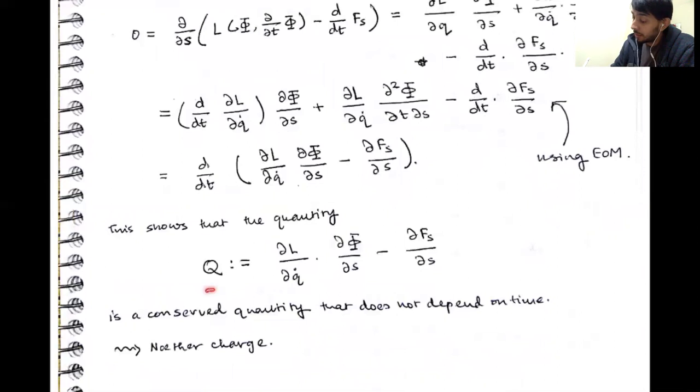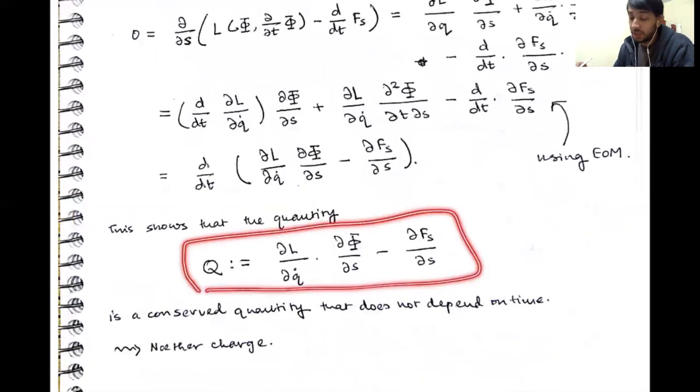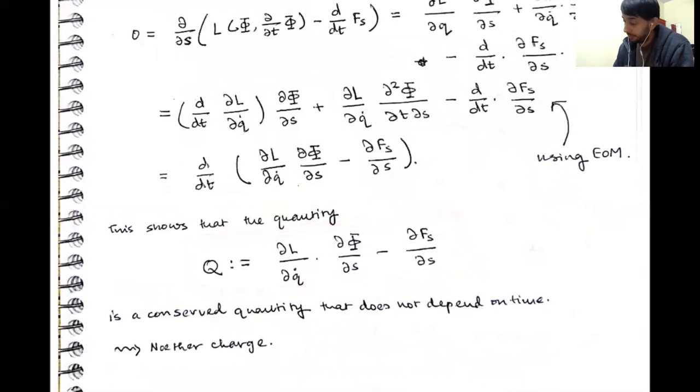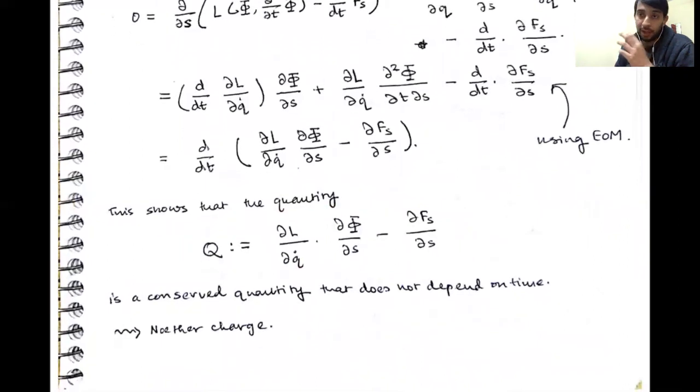This Q we're going to call the Noether charge. So what have we got? If you're given a symmetry, this symmetry leads you to a conserved quantity.